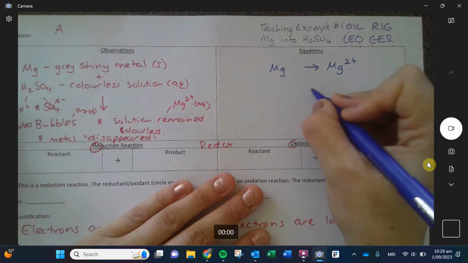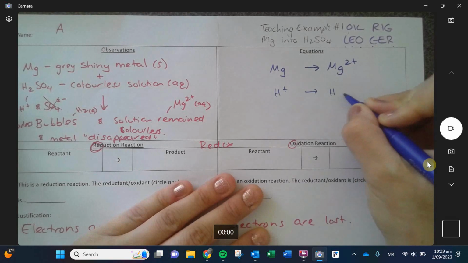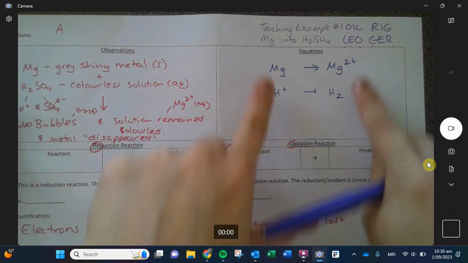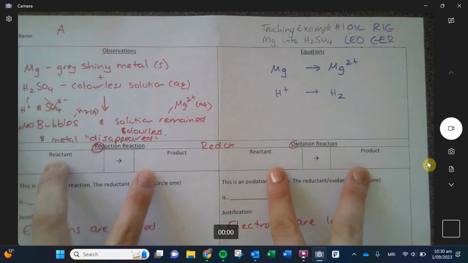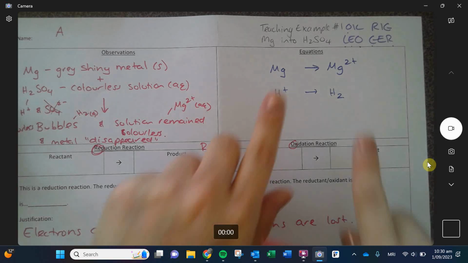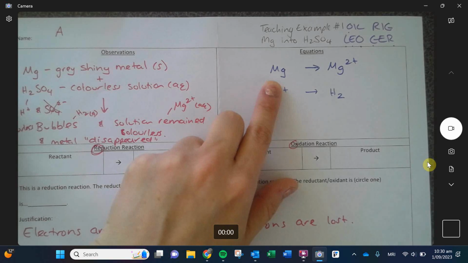In my other reaction, I had the hydrogen ion becoming the hydrogen gas. So these are just the basic kind of transformations. So I'm going to put these guys down here eventually, but I need to figure out which one is oxidation and which one is reduction. So when I look at this guy here, think about last year when we talked about ion formations. Magnesium has 2 valence electrons in its outer shell. So is it going to gain or lose?